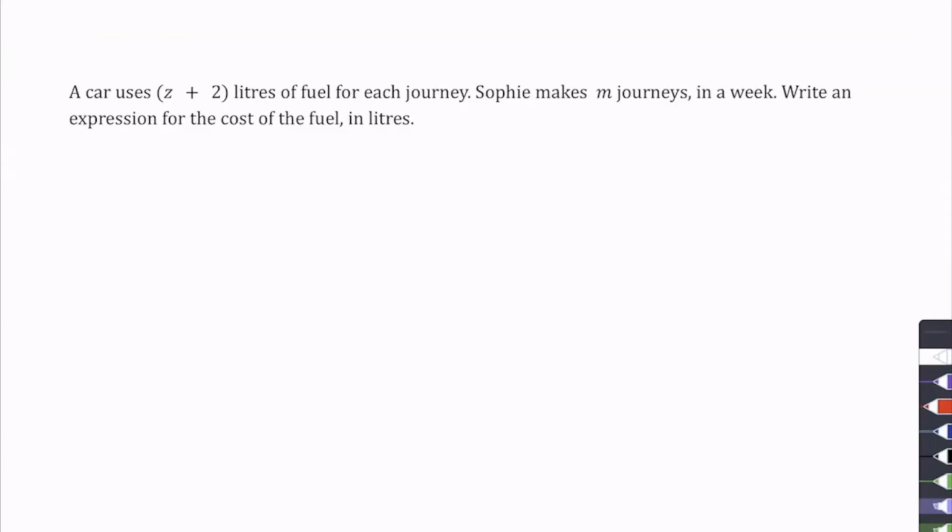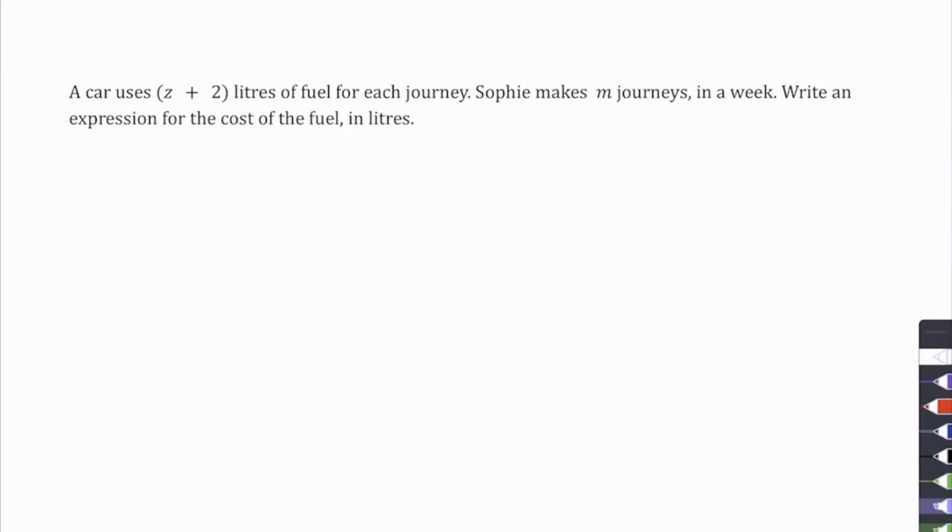A car uses Z plus 2 litres of fuel for each journey. Sophie makes M journeys in a week. Write an expression for the cost of the fuel in litres. So this one's a little bit easier. So if you imagine a car using 10 litres of fuel for each journey, and if Sophie makes 3 journeys, it'll just be 10 times 3. If the car uses 20 litres of fuel and Sophie makes 5 journeys, it's just 20 times 5.